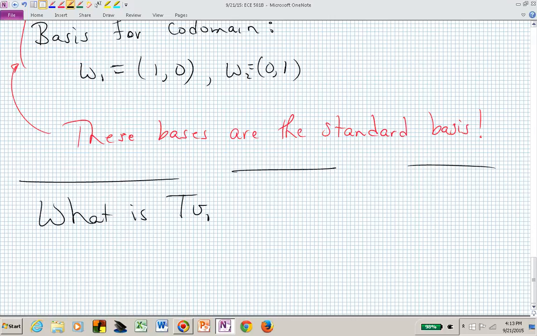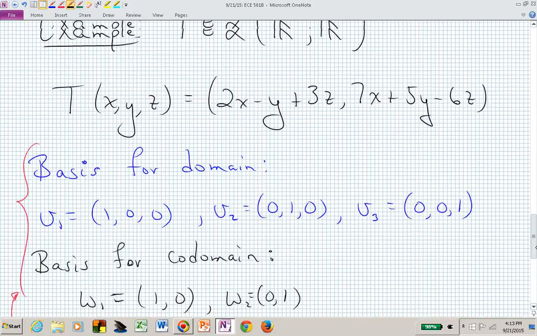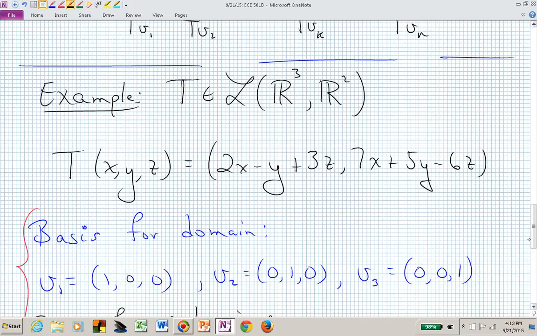First, what happens when we apply the linear map on the first basis vector? V1 is just 1 in the X coordinate. TV1. Now if we go here and say, let me set Y and Z to 0 and X to 1, I obtain a two-dimensional vector 2, 7.